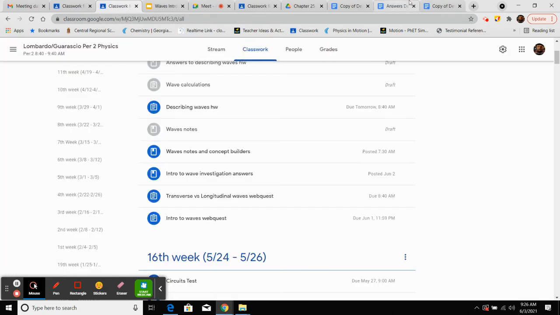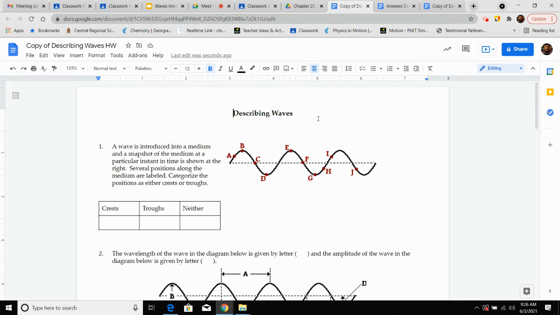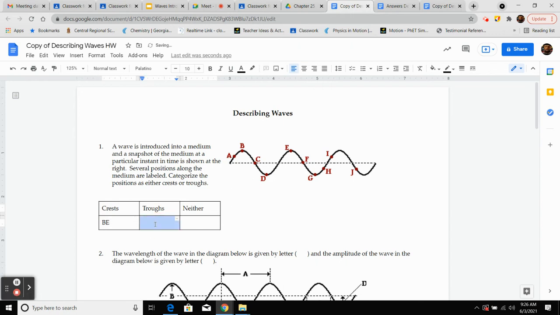Okay, guys, so we're going to open up our describing waves assignment here. So we have a wave. What they want us to do is put the letters of the correct guys in spots. So what letters are crests? B and E. Okay, boom. Put B and E here. What about troughs?